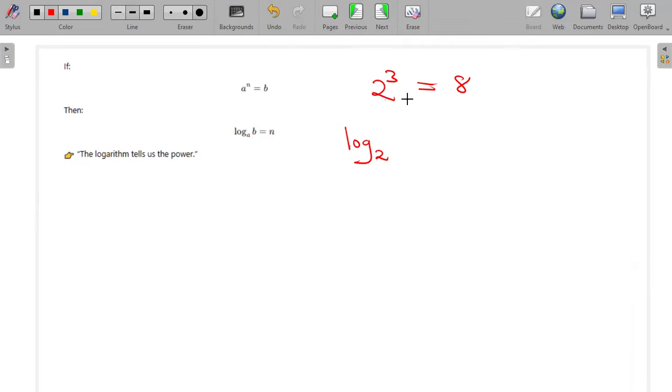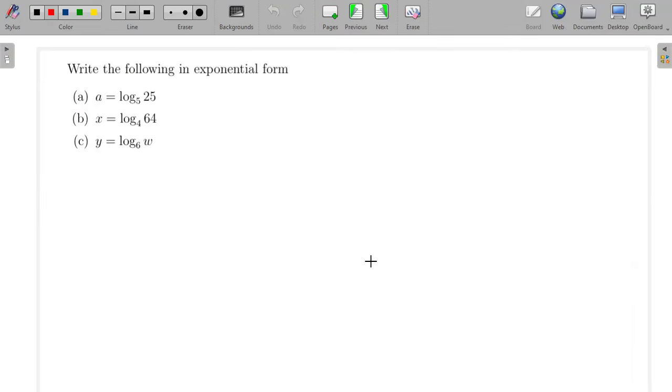Base 2, and then it's log of 8 equal to the exponent there, which is 3. Thus, we're saying that the log tells us about the power, because this 3 here is the power which you had here. So that's what the log tells us about.